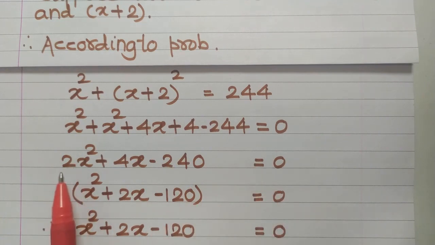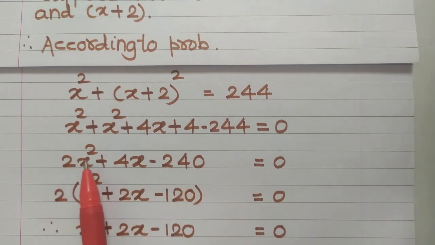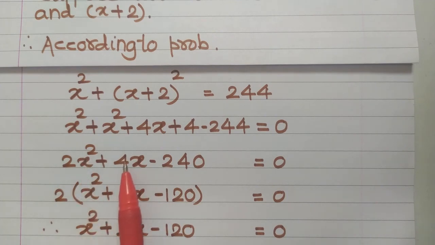Now you can see here in all these three terms, 1, 2 and 3, you can take 2 as a common factor. So after taking 2 common, here you have x square plus 2x minus 120, taking 2 common, only 120 will remain, is equal to 0.